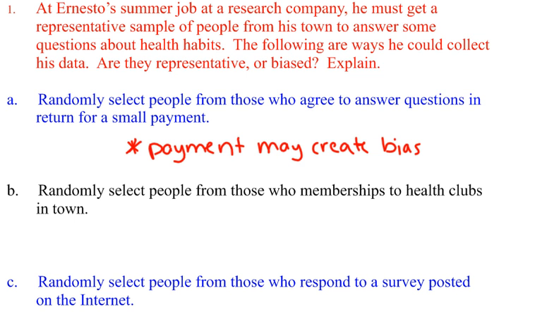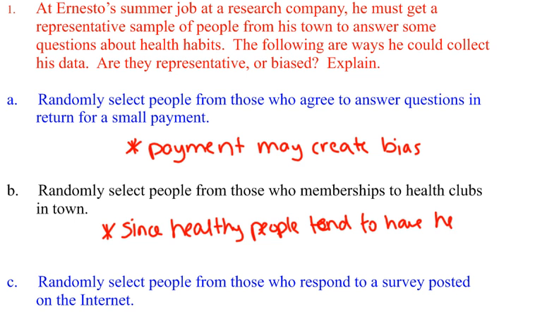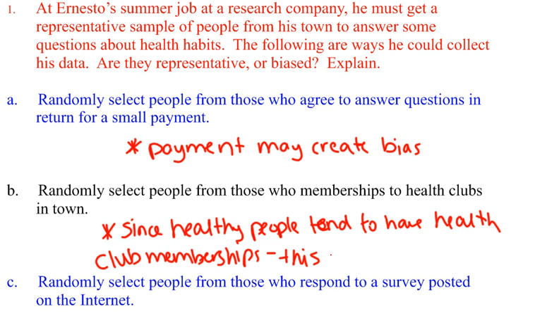So the results would be biased towards healthy people, since healthy people tend to have health club memberships. This is slightly biased, we'll say. I don't want to say 100% biased because I'm not really sure what they're asking for, so I want to be a little bit careful there.